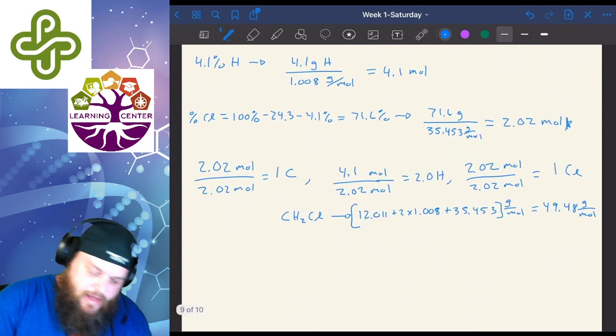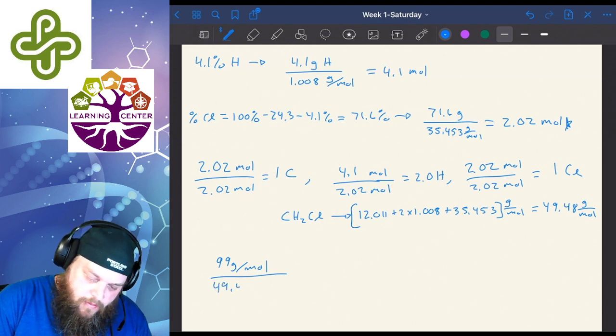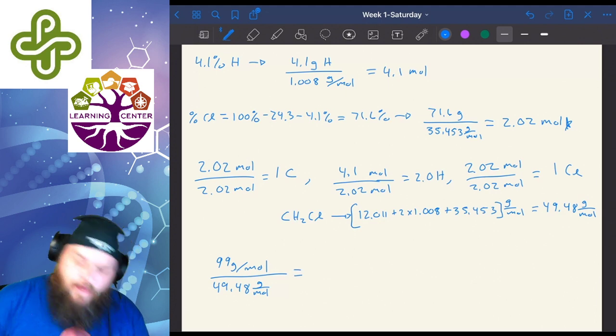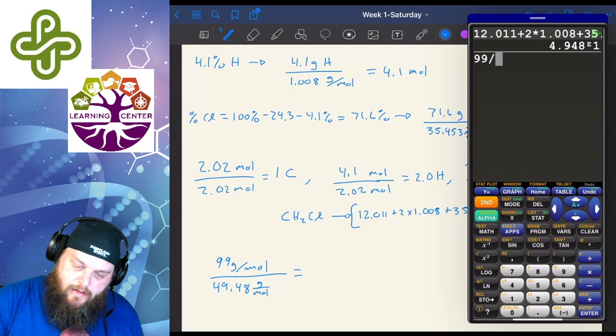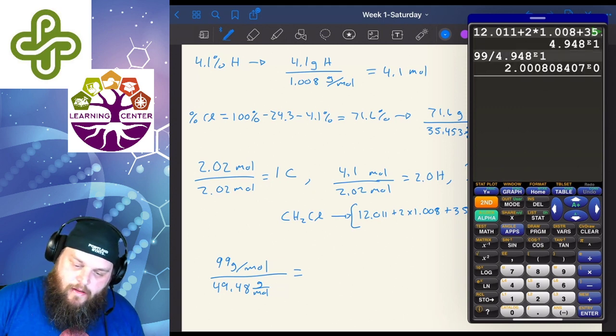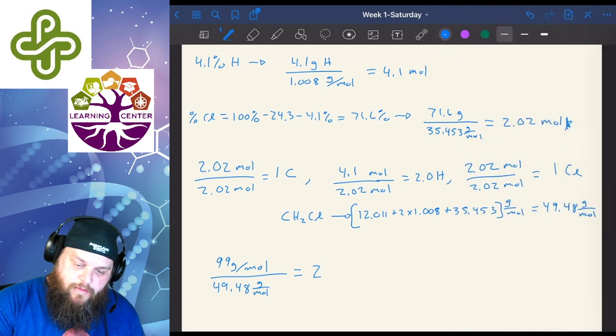So we can then take 99 grams per mole, divide by 49.48 grams per mole, and that'll tell us this multiplier we're looking for. So take 99 divided by that, we get 2. Nice big even 2, pretty even.